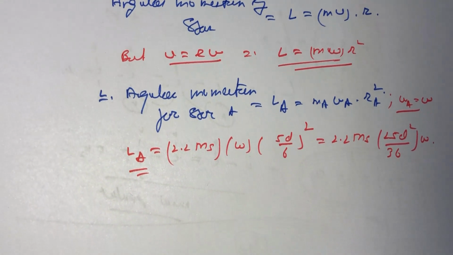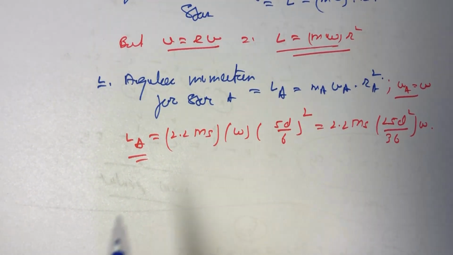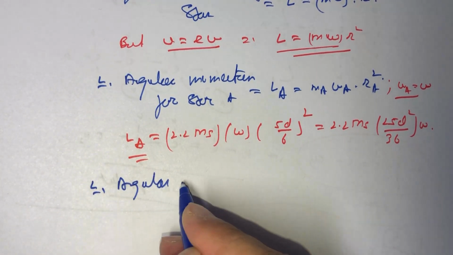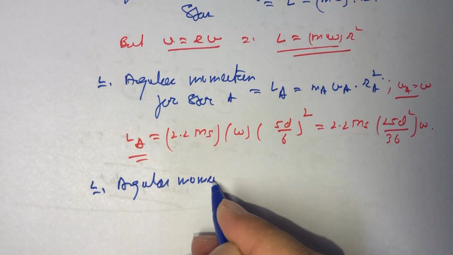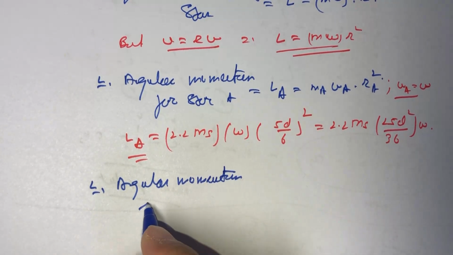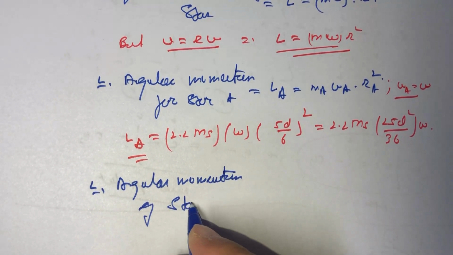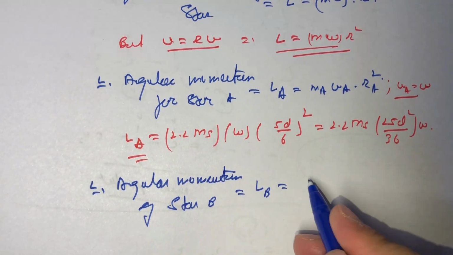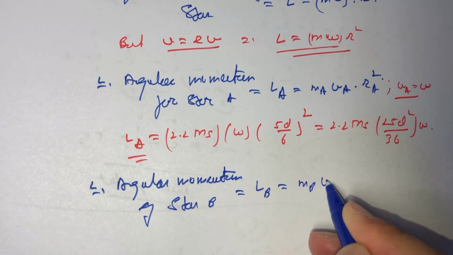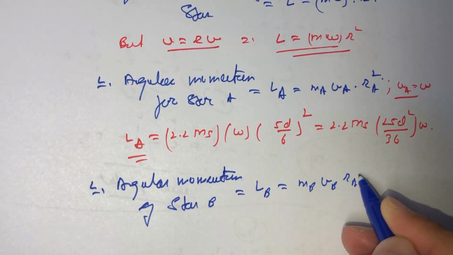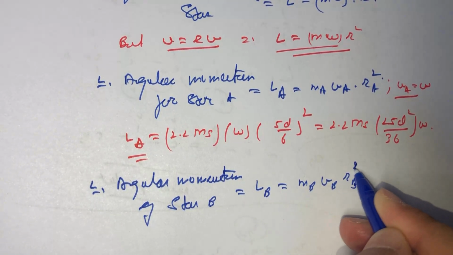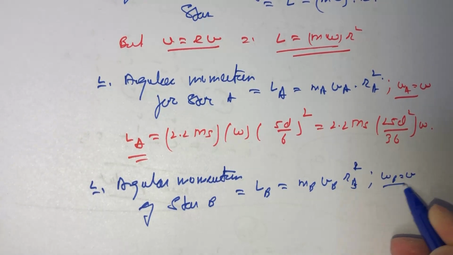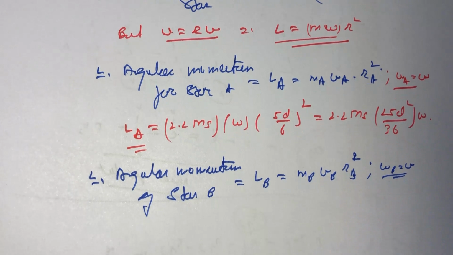Similarly, the angular momentum of star B, let us suppose that is LB. So we have here MB, omega B and RB square, and once again omega B is equal to omega, with the same angular velocity.